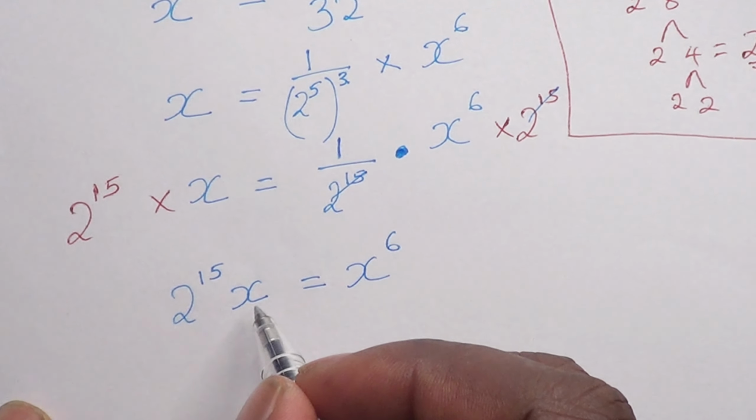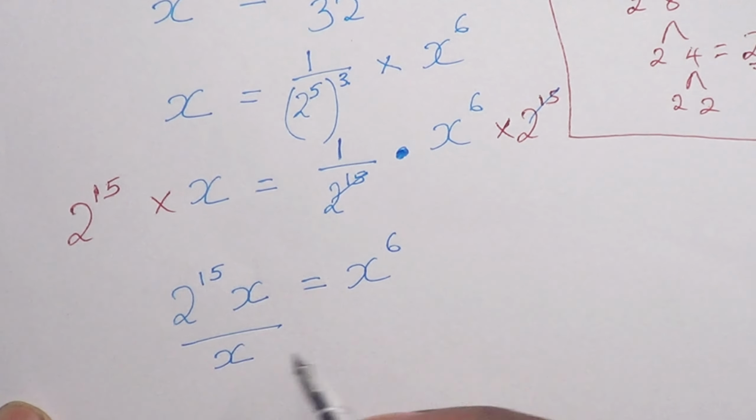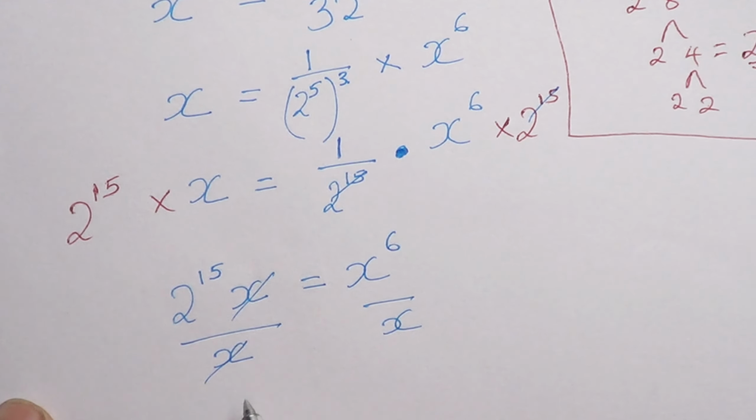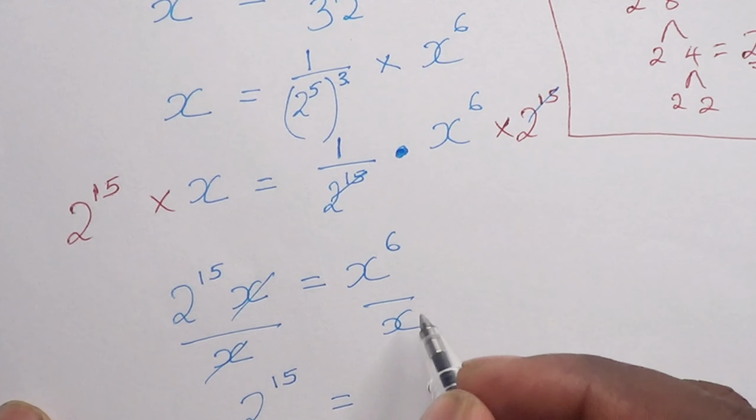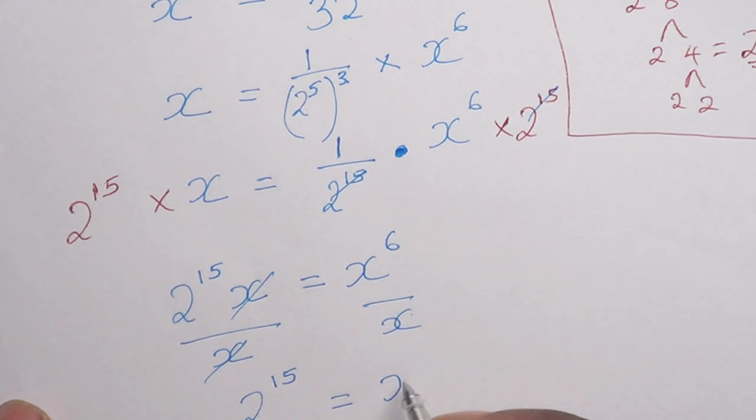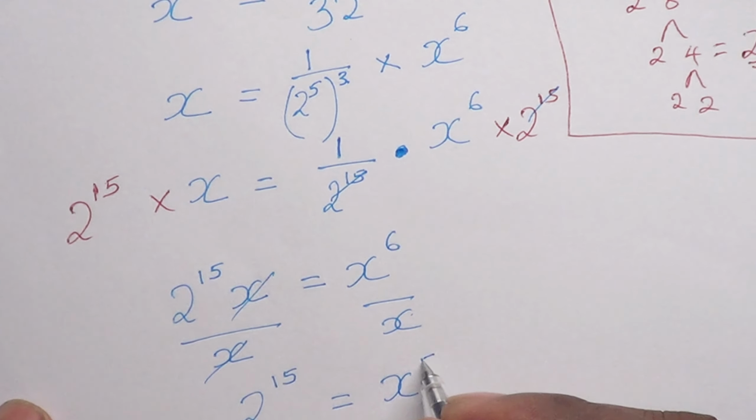I need to remove this x here. I divide by x, I divide by x. So 2 to the power 15 equals this one here, subtract by 1 here, it will be x to the power 5.